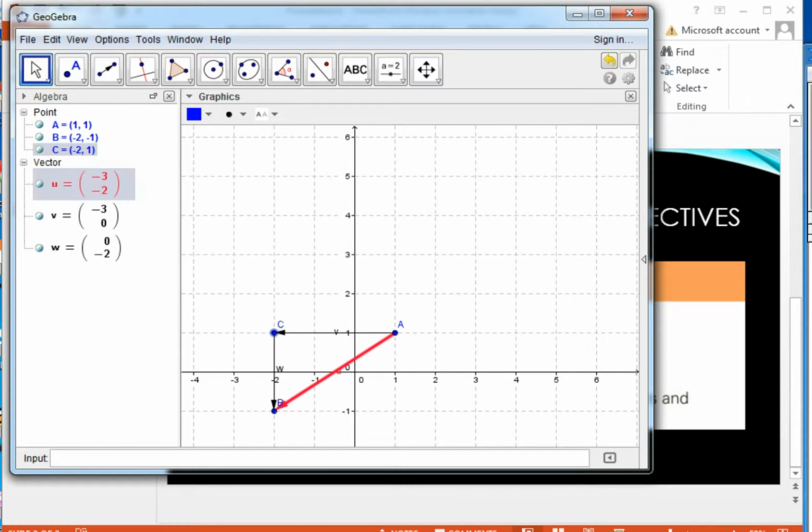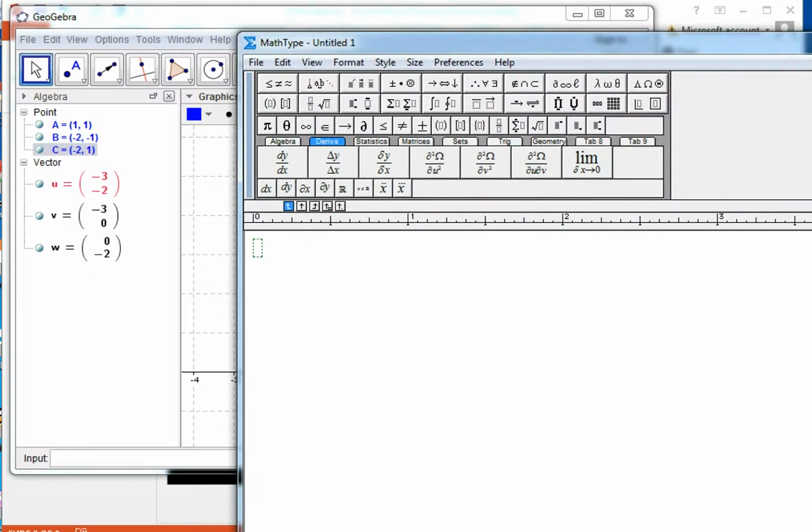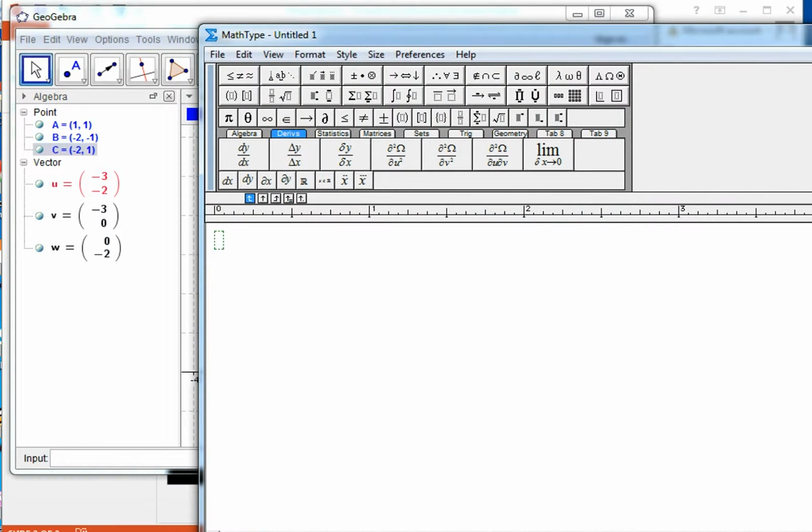Now I want you to look at u, which is (-3, -2), and v, which is equal to (-3, 0), and w, which is equal to (0, -2). Now, this vector here can also be named as vector AB.